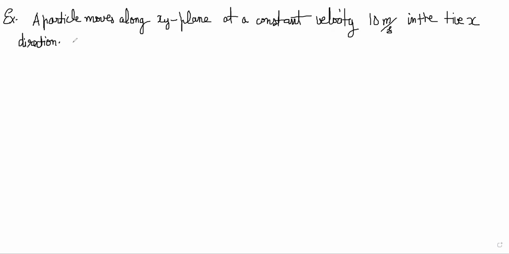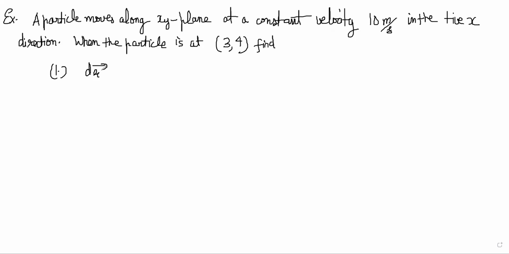When the particle is at 3, 4, find first dr by dt, which is basically velocity, then find speed, and then find d|r| by dt.